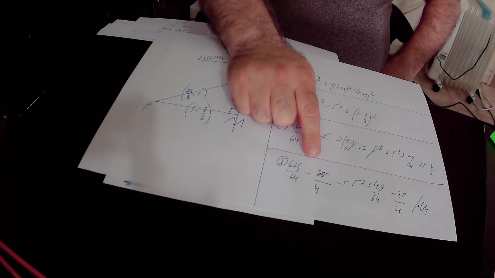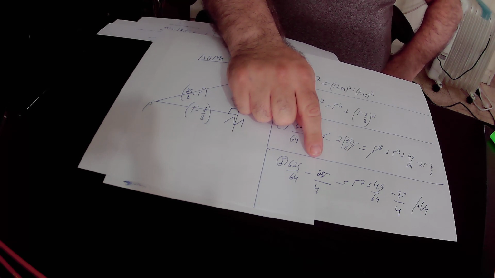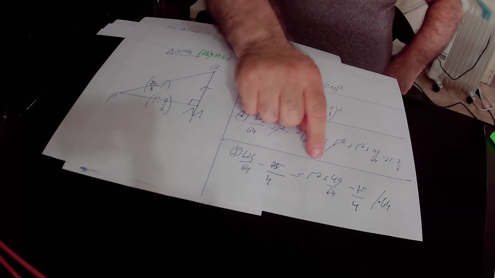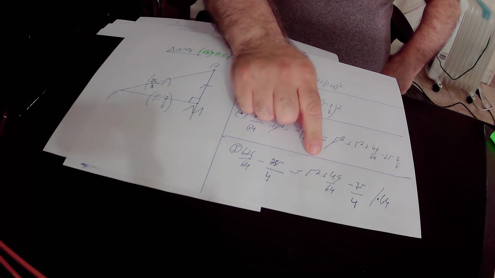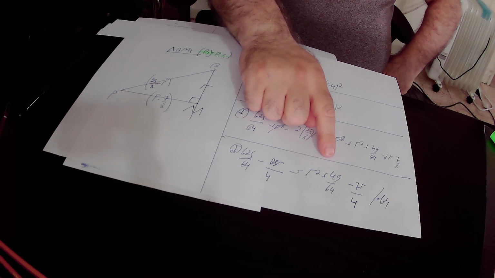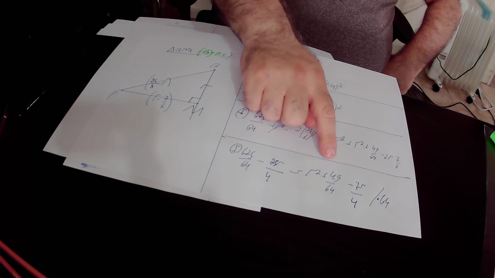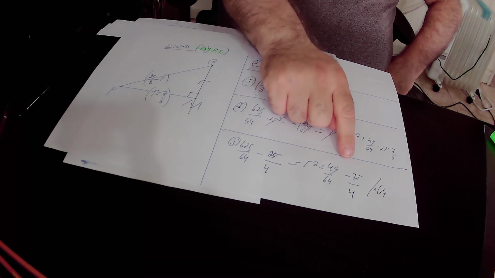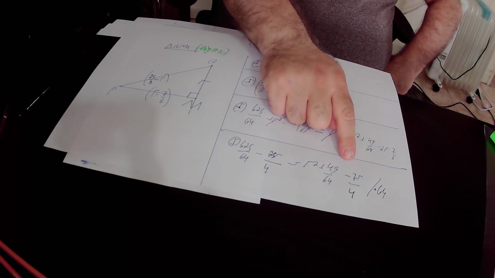So it is actually minus 64 over 4, that is minus 16. So in conclusion, this expression equals minus 16 times 25r. On the other side of the equation we have r squared times 64, which is 64r squared, and we have 49 times 64 over 64, which equals 49, and we have here minus 7r over 4 times 64.